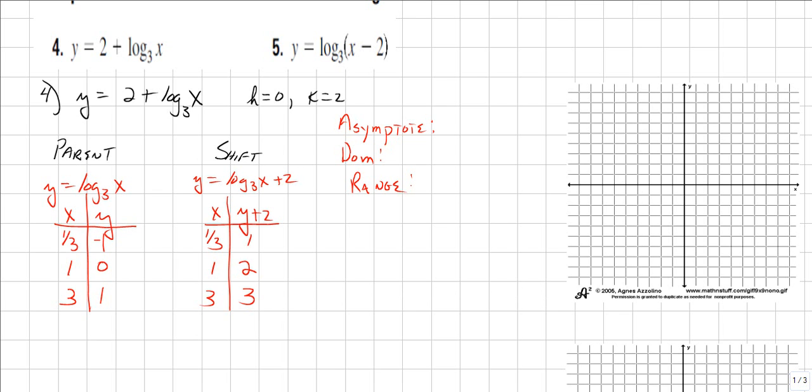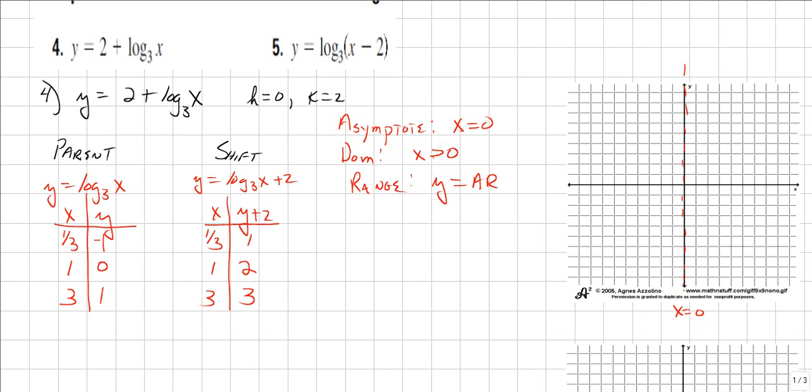The domain, well, let's do the asymptote first. The asymptote is going to be related to the x value, and there is no shift on the x, so the asymptote is going to be at x equal to 0. Let's go ahead and put that on the graph. The domain would be x greater than 0, and the range is y is equal to all reals, and you can put those in interval notation.